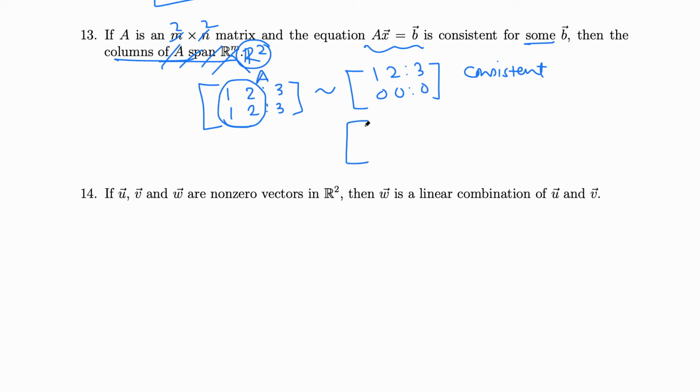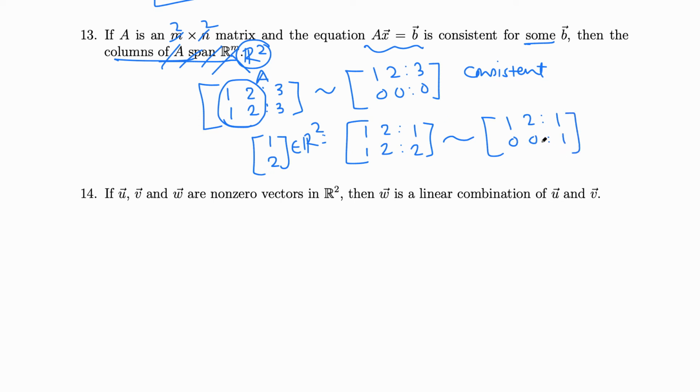Let's see the following: 1 1 2 2. If I take R2, let's say anything not equal, let's say 1 2, that's in R2, and if I try to write 1 2 as a linear combination of 1 1 and 2 2, that means I write 1 2 here. If we try to solve this, we get no solution, inconsistent, because it will be 1 minus 1 is 0, 2 minus 2 is 0, 2 minus 1 is 1, 0 0 0 equals 1.